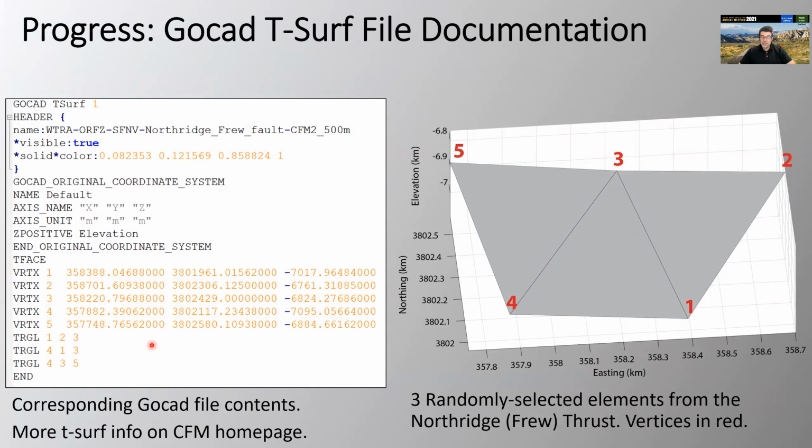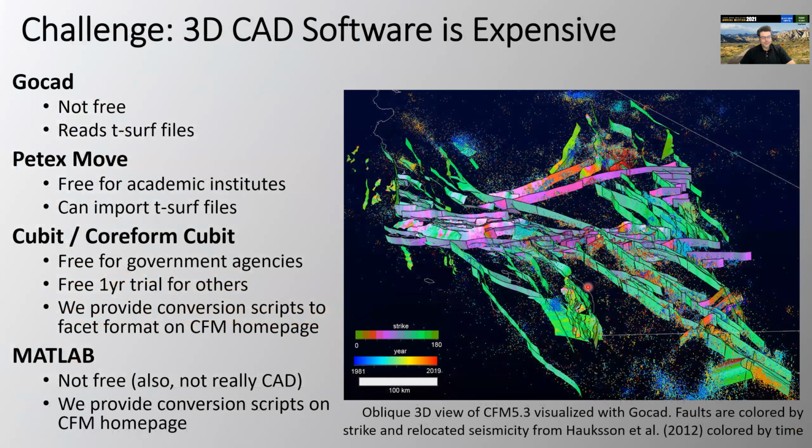That's basically all you need to define a surface. And that's more or less the content of a GoCAD file. So even if you don't have GoCAD, you can still use these files. And if you need it in some other format, please let us know. We might be able to help you with a script to convert it to whatever your needs are. We already provide several conversion scripts on the CFM homepage, so we hope those are useful.